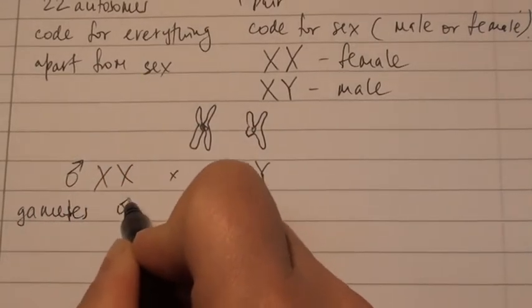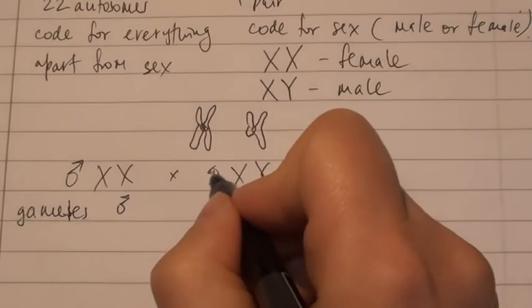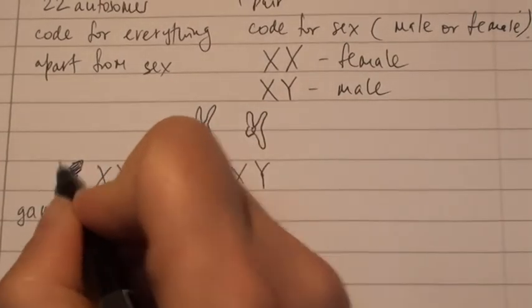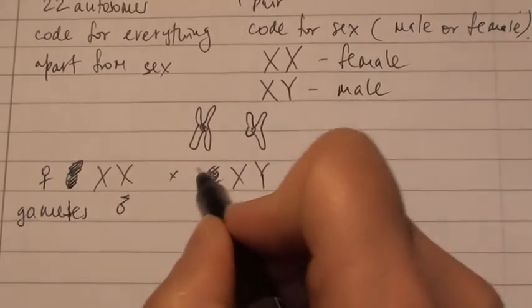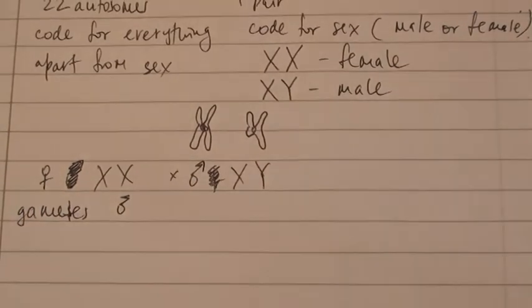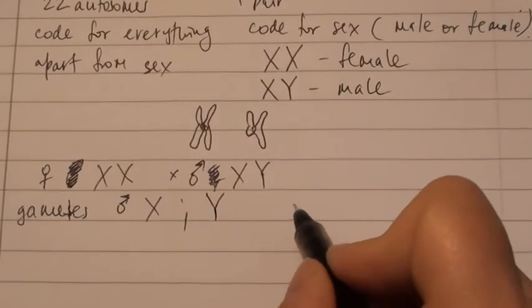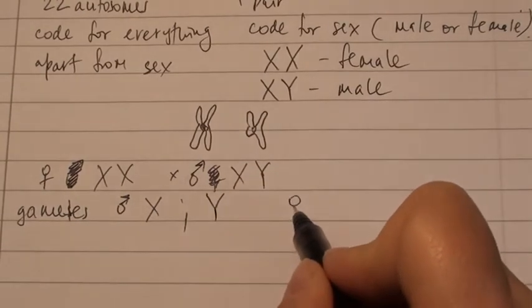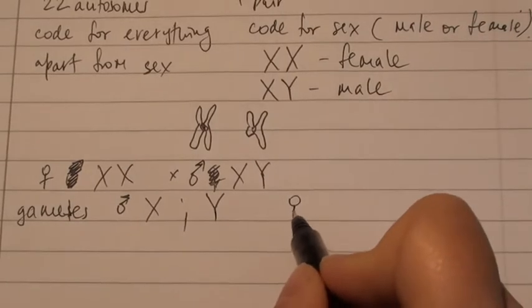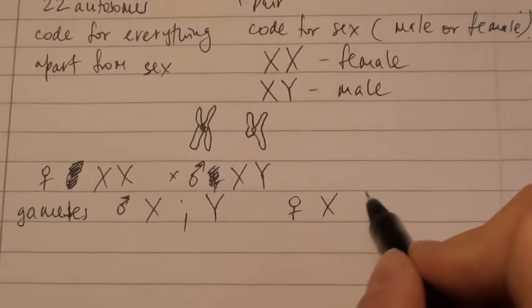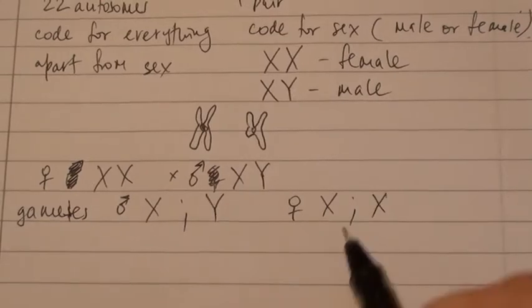Oh, I've gone wrong, haven't I? Good job, I've just noticed that. So this is female and male. Ta-da! So it's going to be X and a Y. Shouldn't rush, you see? That's the problem with genetics. You do one little symbol wrong somewhere and it can completely throw you. Okay, so there you go.